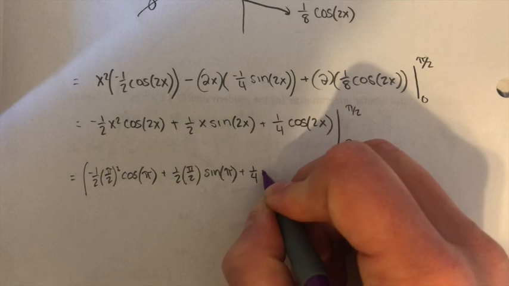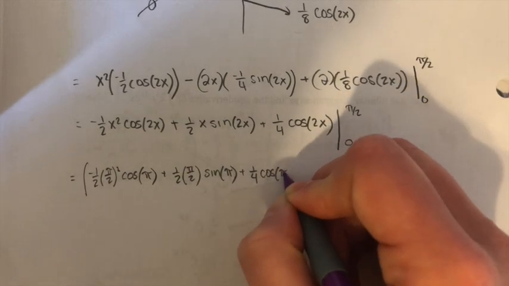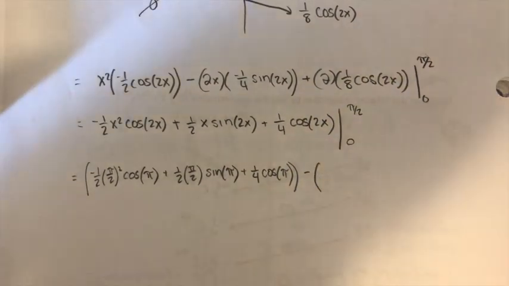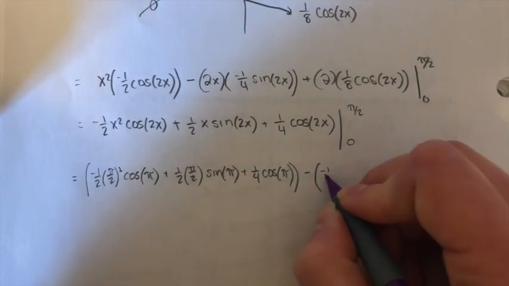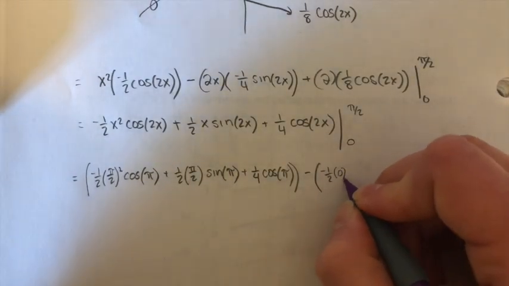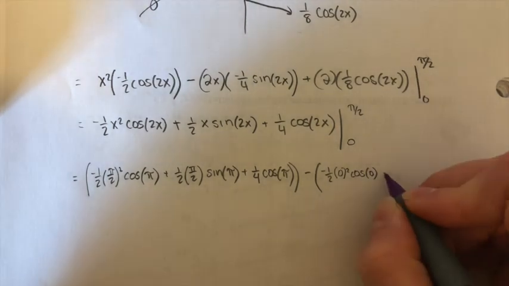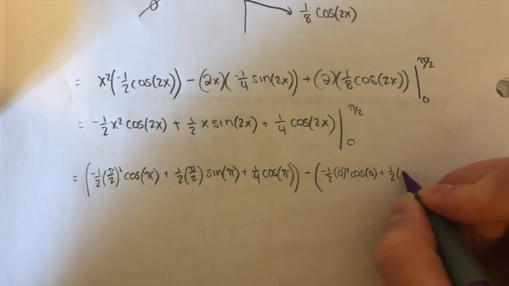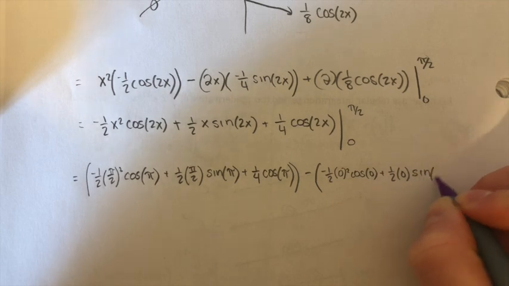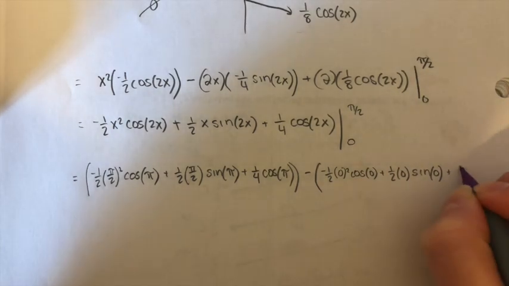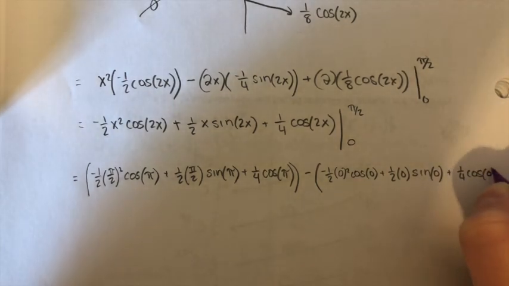Plus 1/4 cos of pi. Minus negative 1/2 0 squared. That whole term is going to be 0, so cos of 0, that's nice. Plus 1/2 times 0, so that whole term is going to be 0. Sine of 0 plus 1/4 cos of 0.